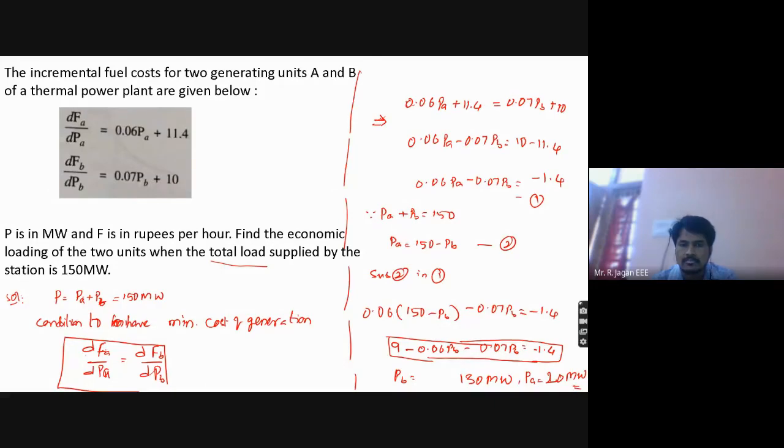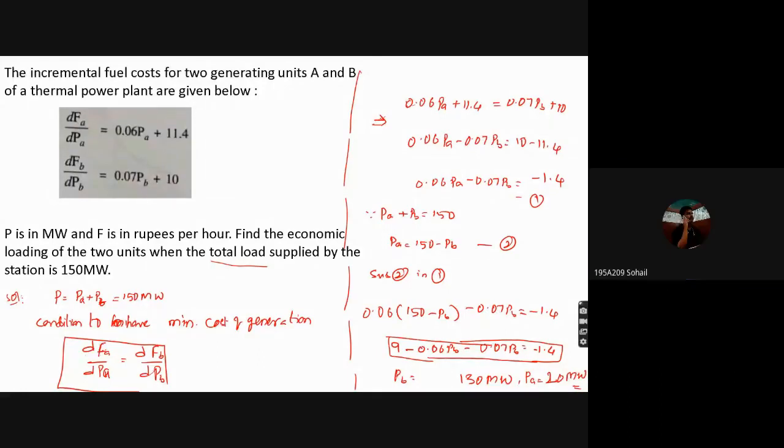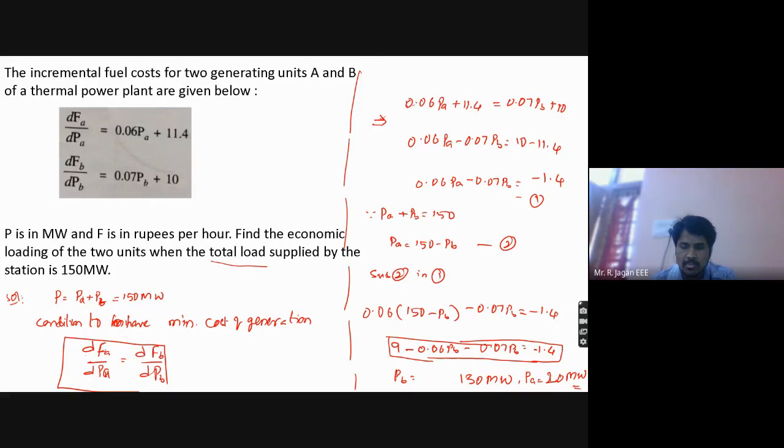Everyone solve the values of P and PB value. Don't take the value blindly given by some person.